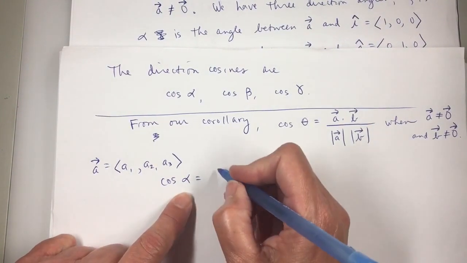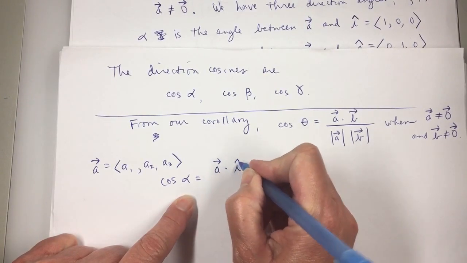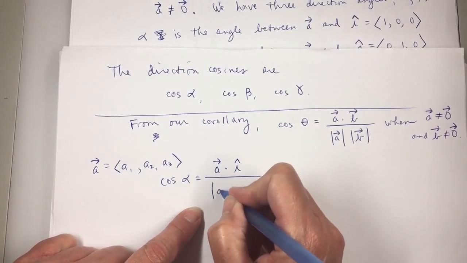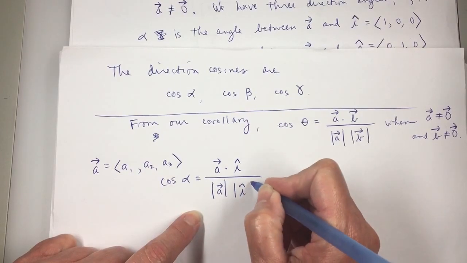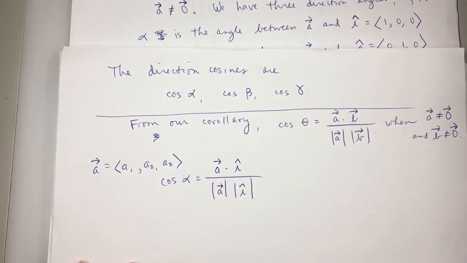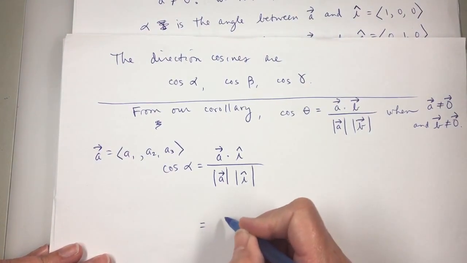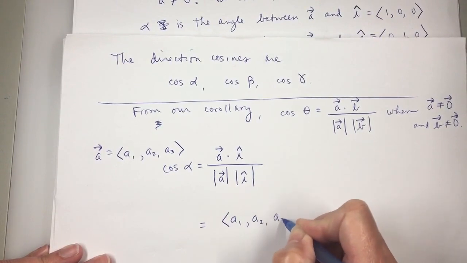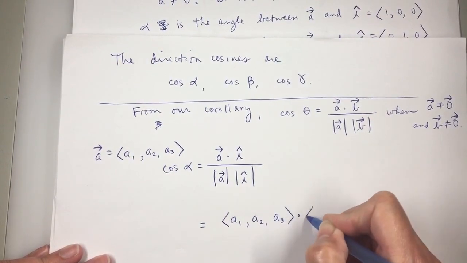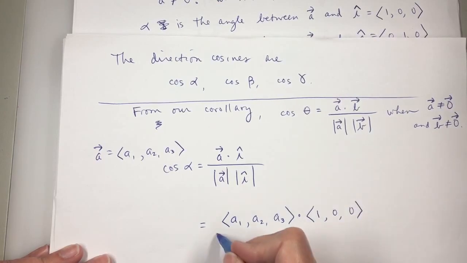The direction cosine would be vector A dotted with vector I over the magnitude of A times the magnitude of I. A dotted with I is A1, A2, A3 dotted with the vector 1, 0, 0.